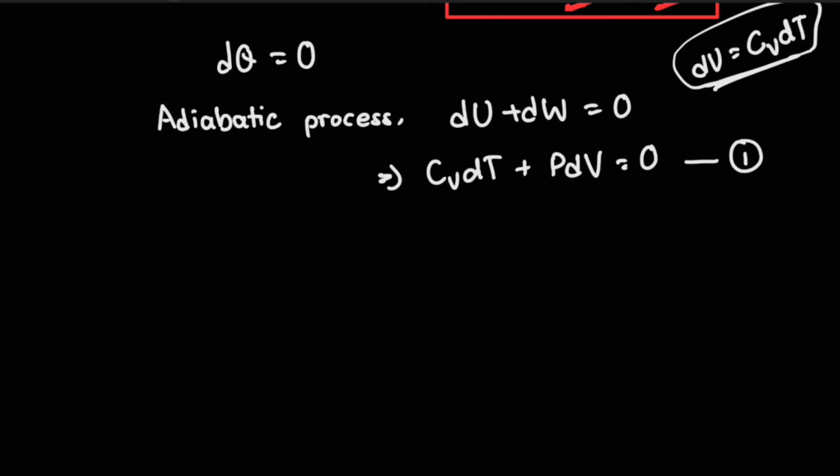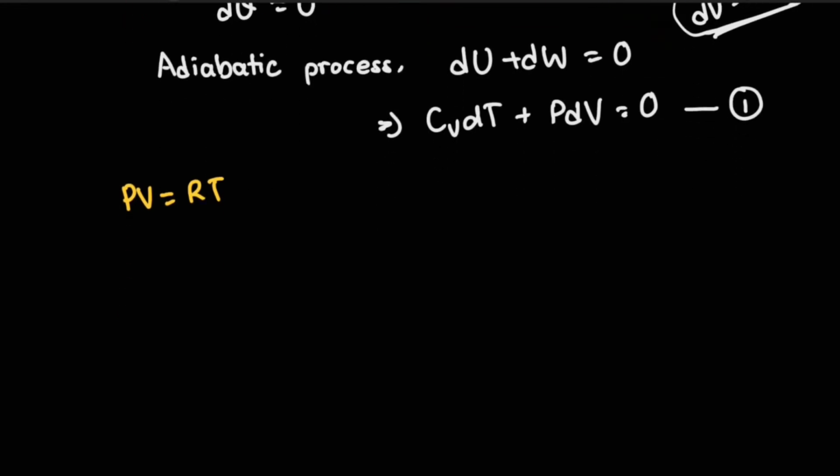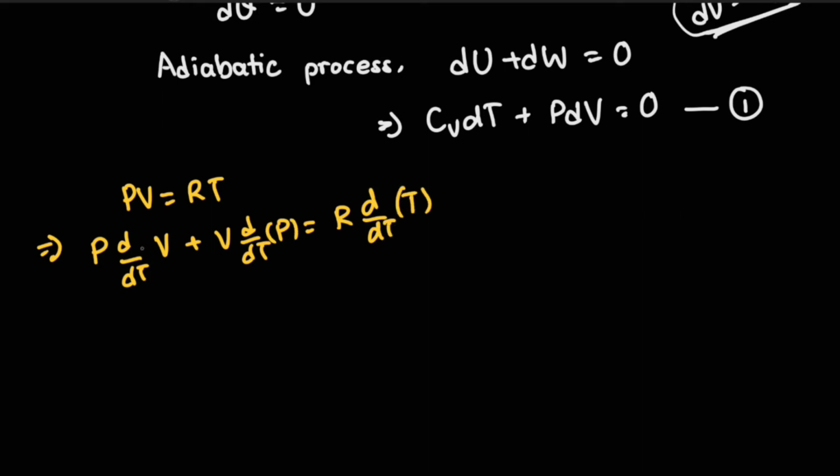From the ideal gas equation, PV equals nRT, I'm just going to write RT since we are dealing with 1 mole of ideal gas. We can differentiate this with respect to T, and we derive that P dV/dT plus V dP/dT is equal to R dT/dT.